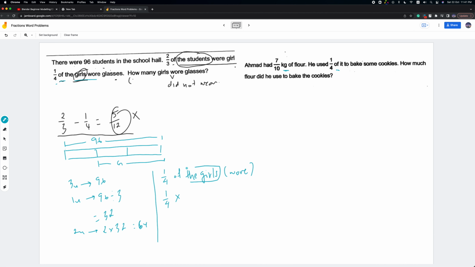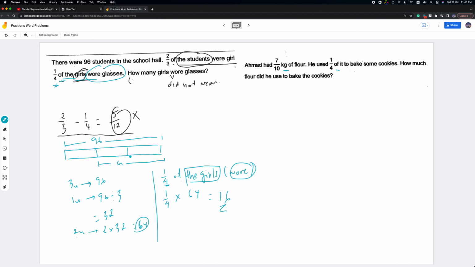And the girls, this is the unit for the girls. And what is the girls? The girls is 64. So it's 1/4 times 64. And when we do this, we get the number of students who wore glasses, because it states there, 1/4 of the girls wore glasses. This will be 16. And this is our answer.